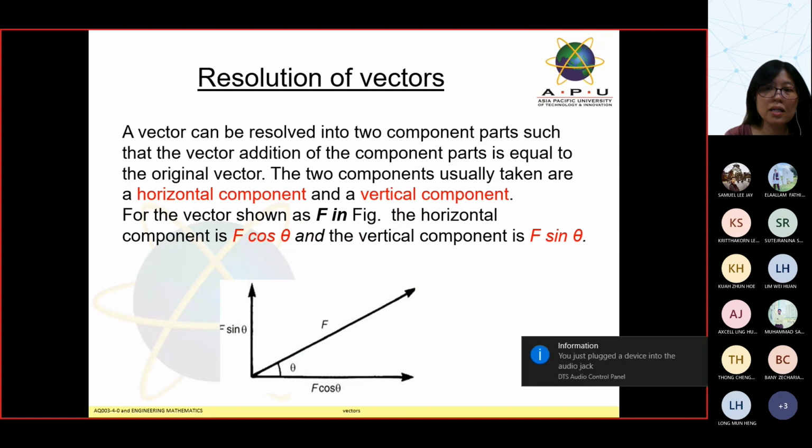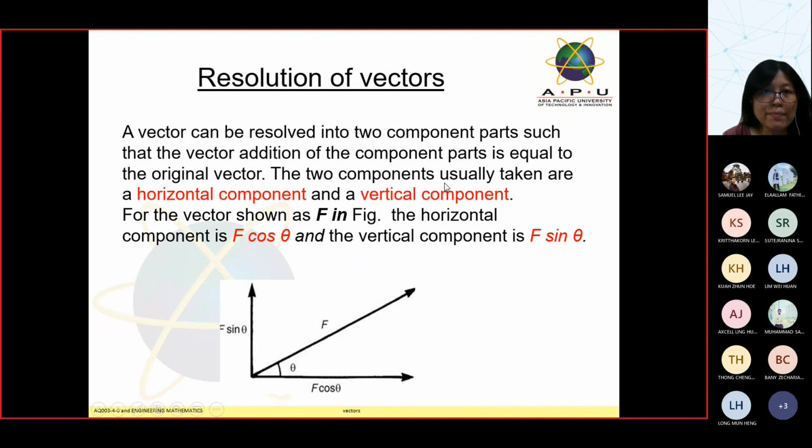Okay, resolution of the vectors. A vector can be resolved into two component parts such that the vector addition of the component parts is equal to the original vector. When you combine the two component parts back, you get the original vector.